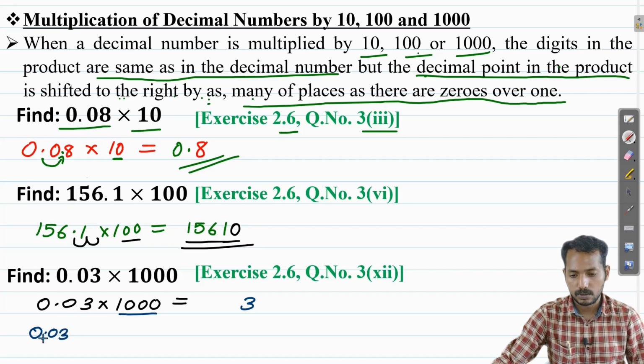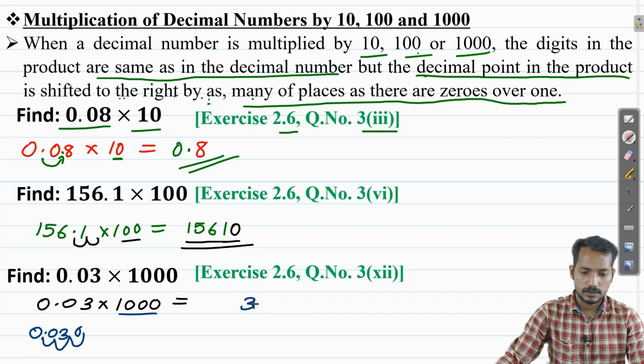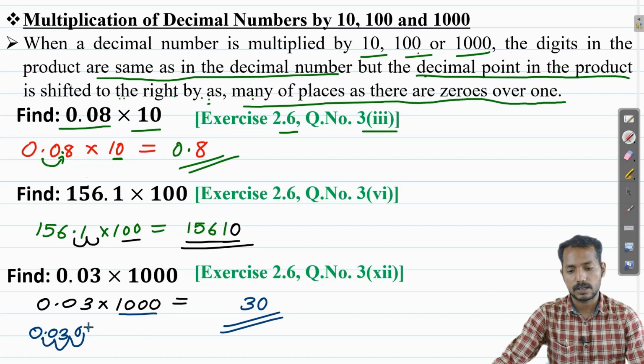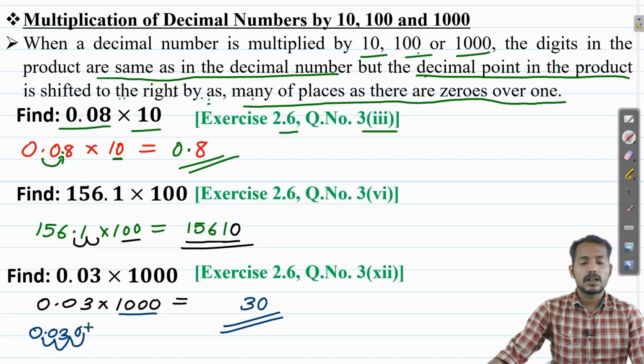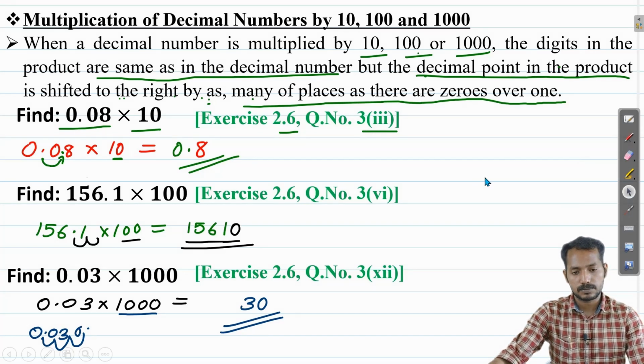So 1, 2 and 3. So keep 1 0 here. So 30. That is the answer. Decimal point will come. Very simple.